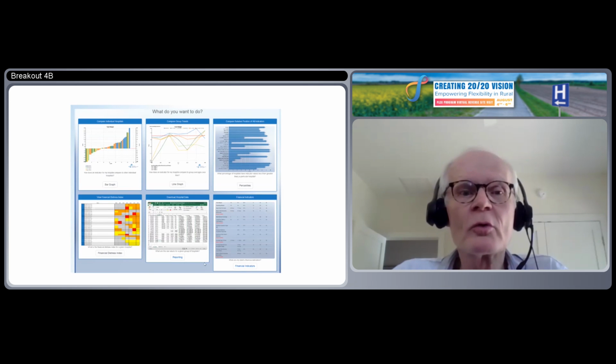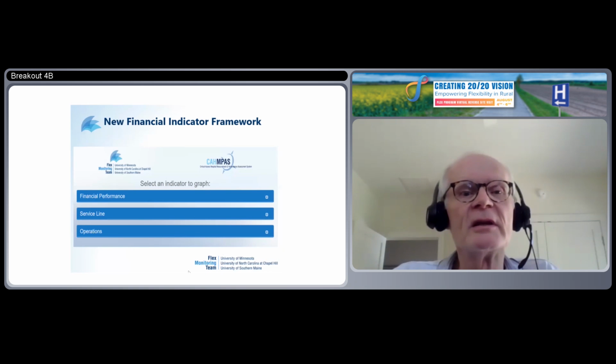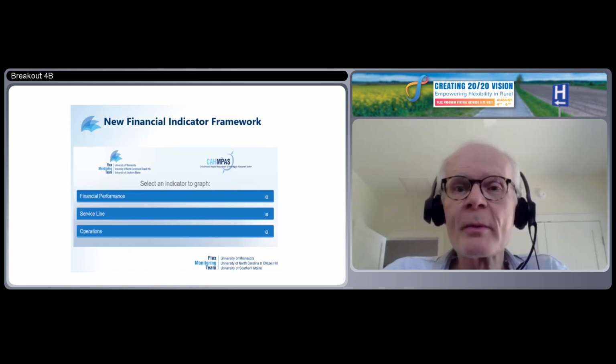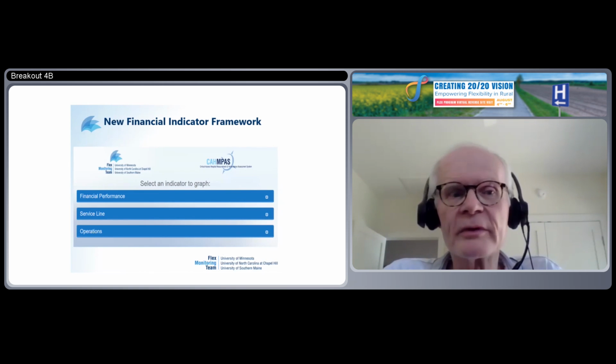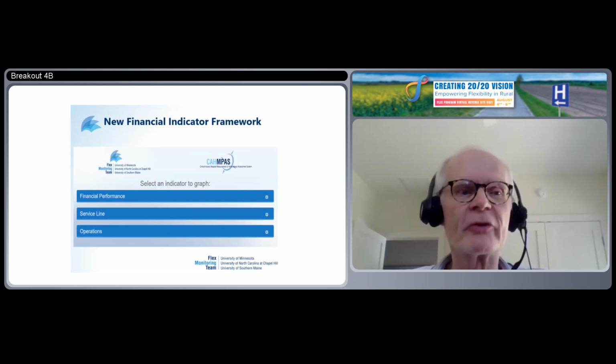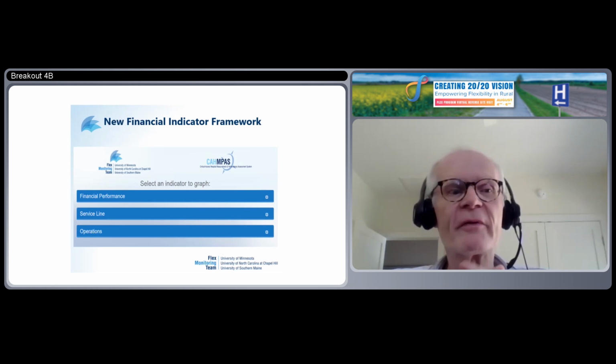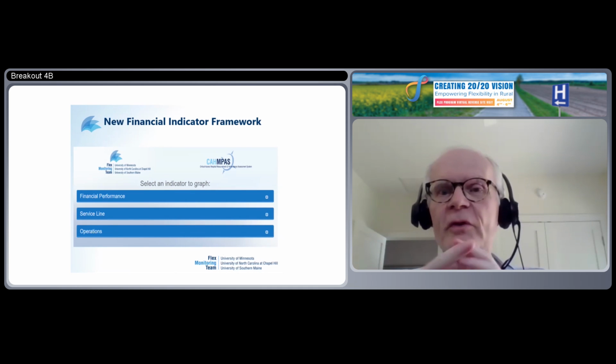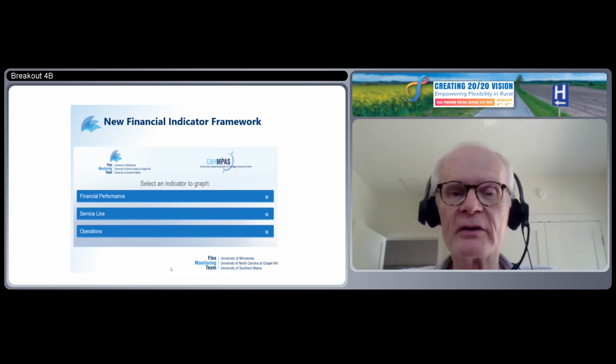So let's go quickly through some of the details here. Some of you who have used the tool for a long time will have noticed that we've changed these, which I call the drawers. We used to have finance, quality, and community. The quality and community has moved to the Flex Monitoring Team site.